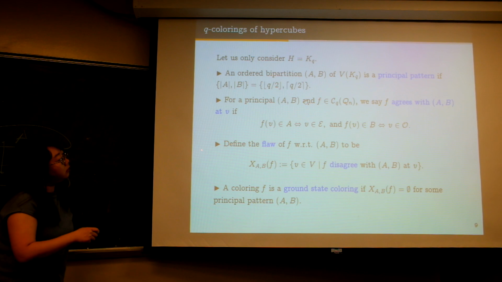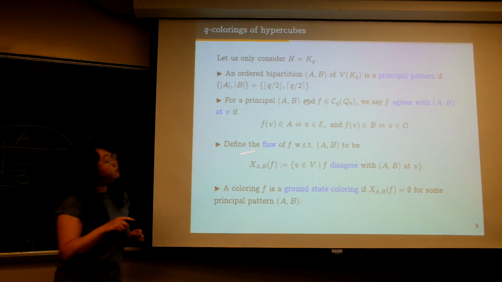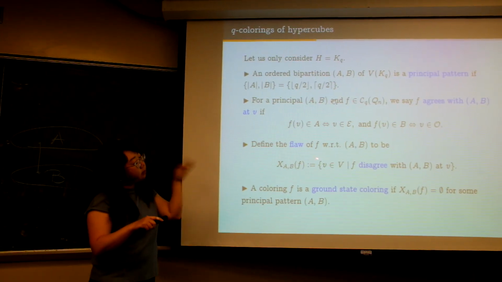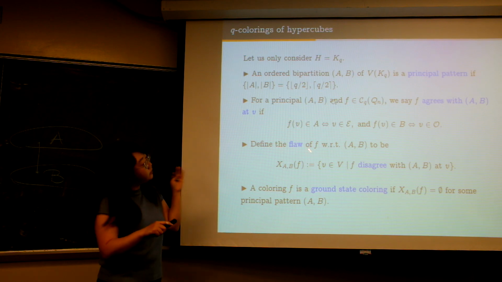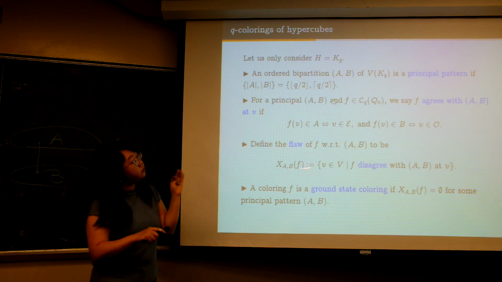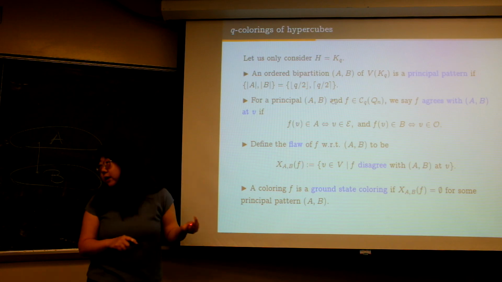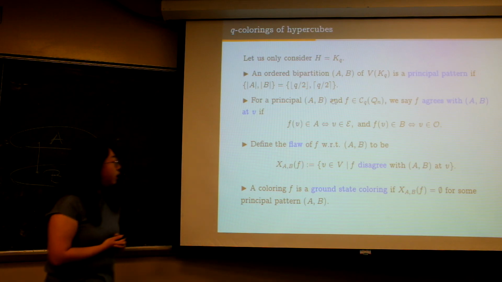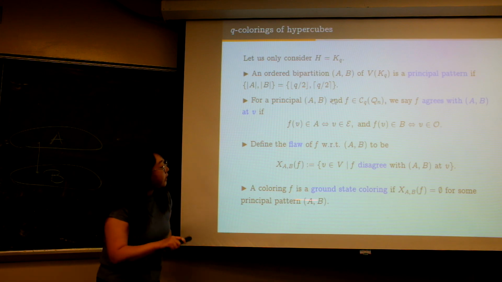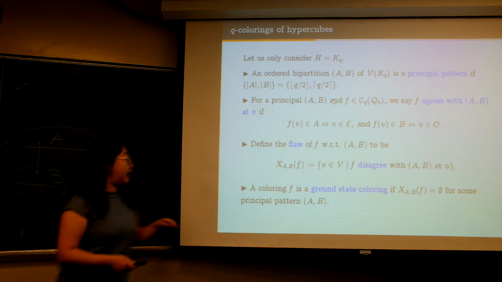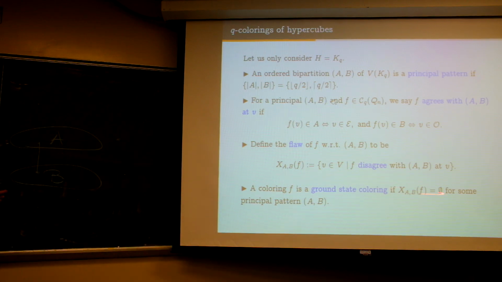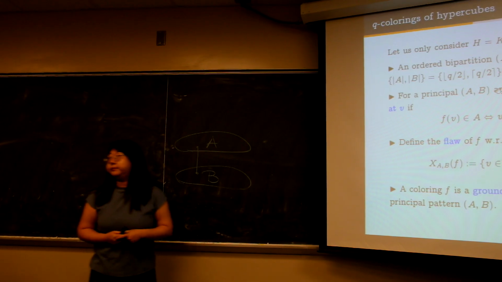For a given proper coloring, we define the flaw of the coloring with respect to this pattern to be all the vertices that disagree with this pattern. And we say a coloring is a ground state coloring if its flaw is empty for some principal pattern. As I explained here, a ground state coloring is naturally a proper coloring.